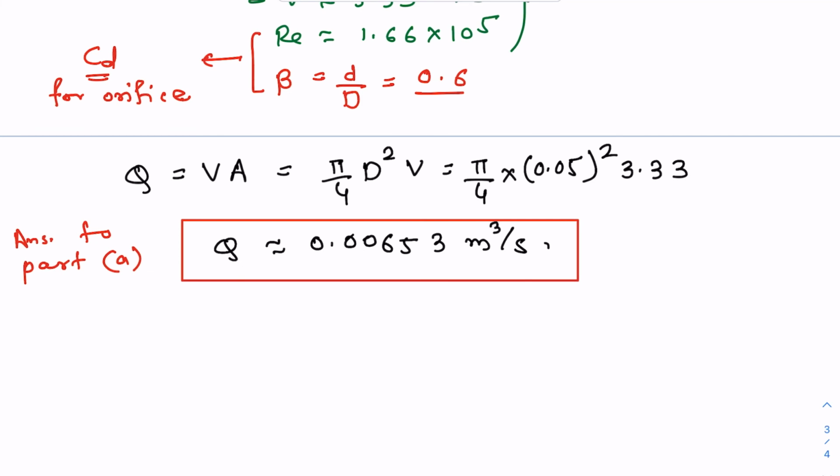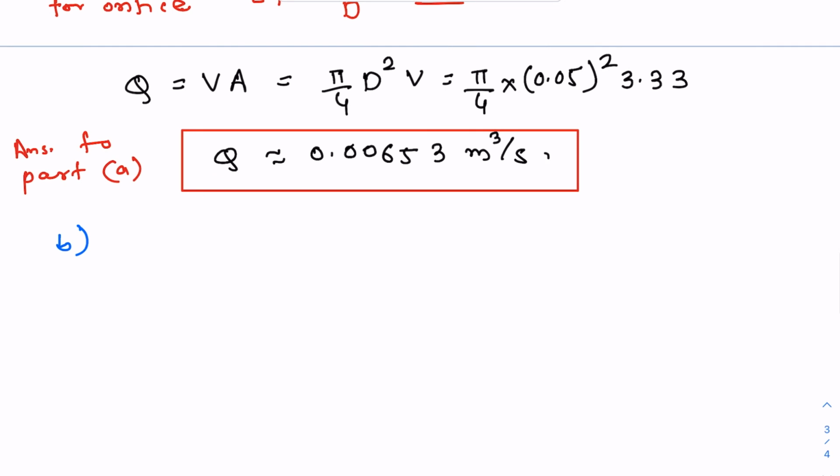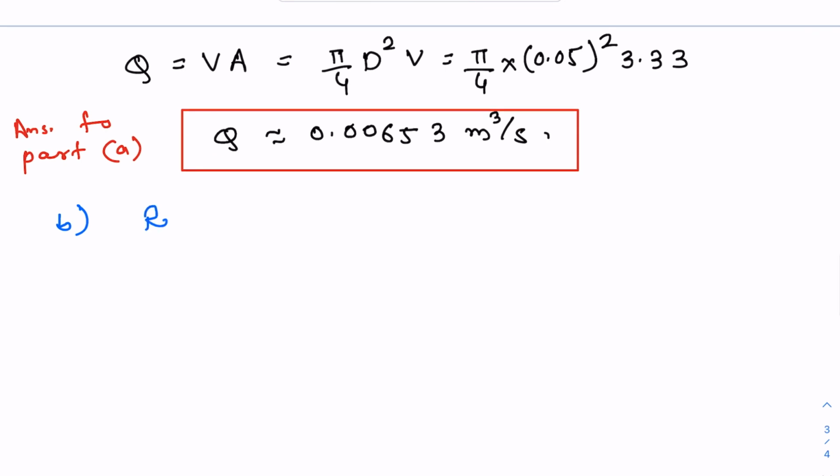So part B, Re_D is 16630, beta is 0.6. So CD comes out to be equal to 0.609.